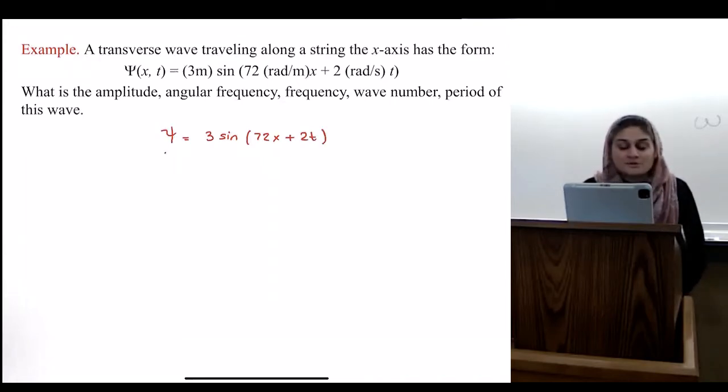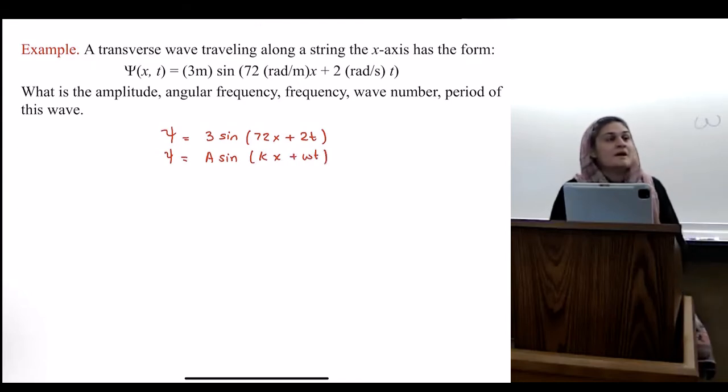And then write what we saw before. And I want you to make a one-to-one correlation between the two. Do you see it?